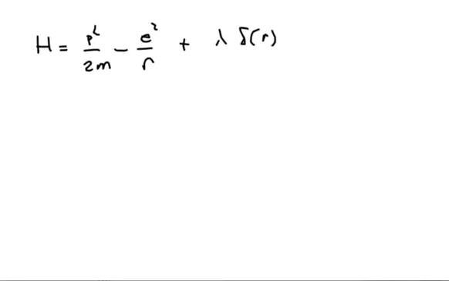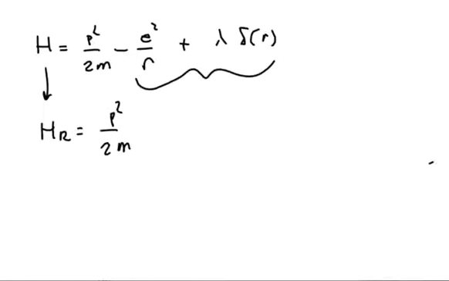And then we went from this Hamiltonian to a regularized Hamiltonian, which contained only finite terms. So the way we did it, we went from the bare potential to the regularized potential.